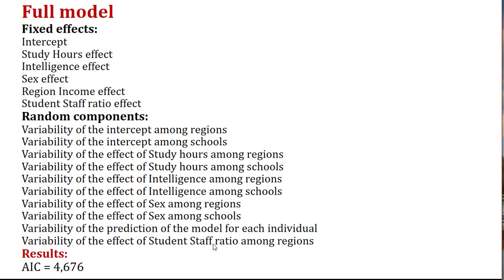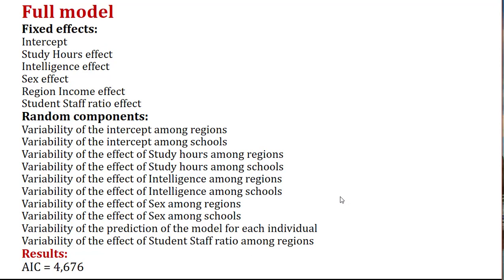And for the variable region income, we cannot study any variability because we only have 4 values of region income, and we cannot estimate the variability among regions because in each region we have one value. So we can only study the effect of region income on academic achievement overall.